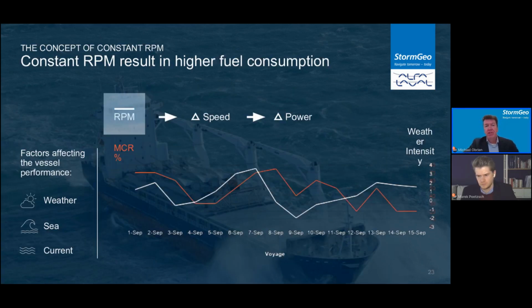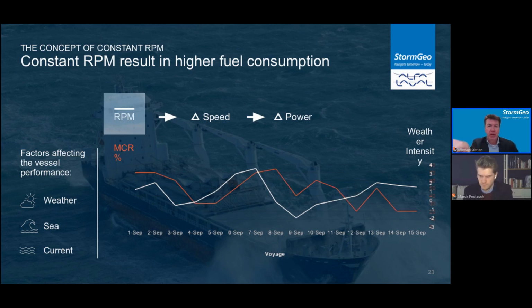One of those ways is by taking that ordered or targeted 11.5 knots and applying something called constant power. And to illustrate constant power, I think it's useful in a slide like this to compare it to constant RPM.